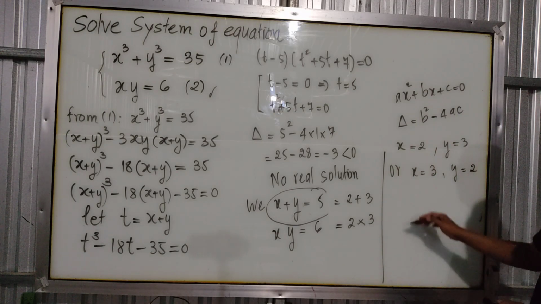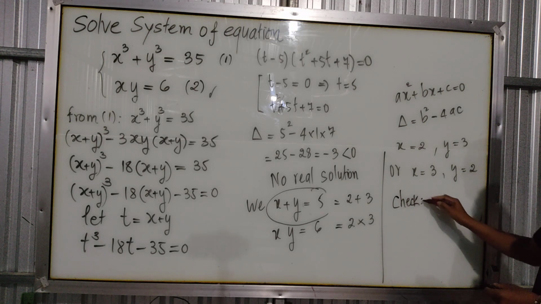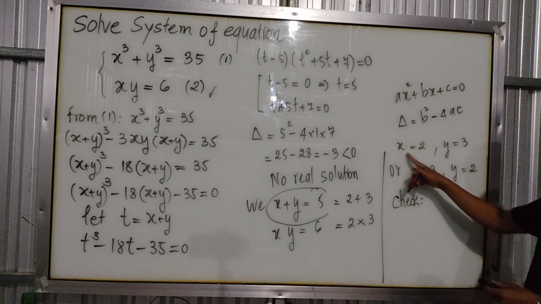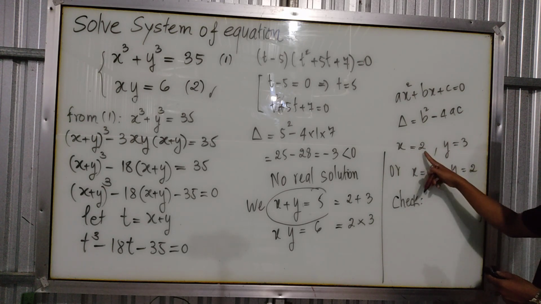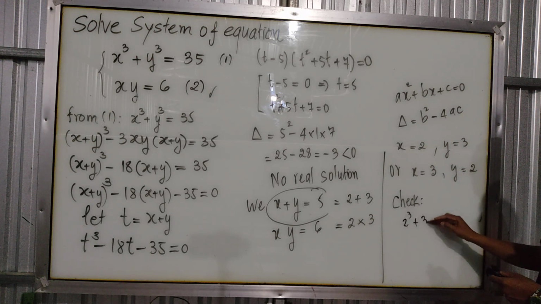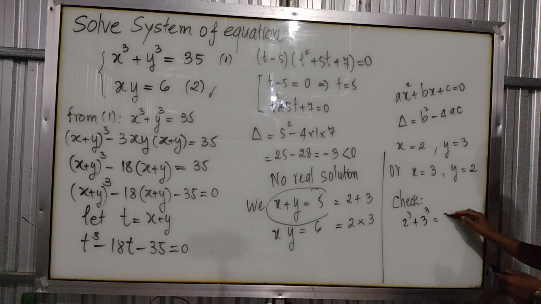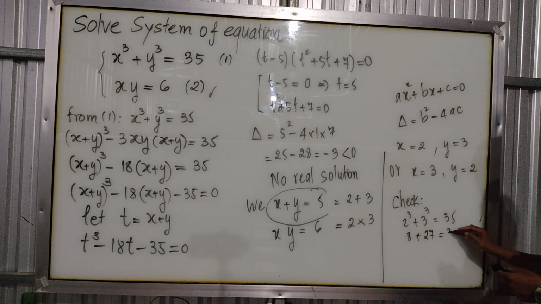Now we check it. Using x equal to 2 and y equal to 3, we get 2 power 3 plus 3 power 3 is equal to 35: this is 8 and this is 27, and 8 plus 27 equals 35. It's true.